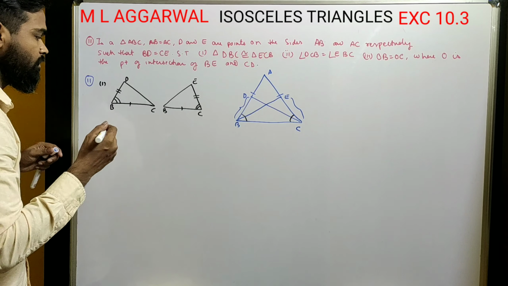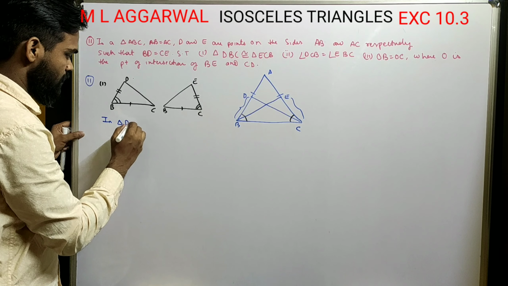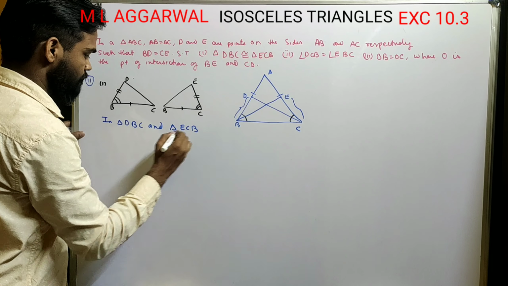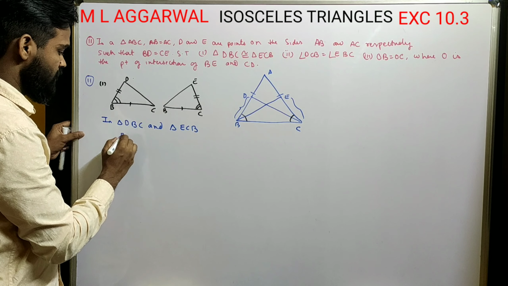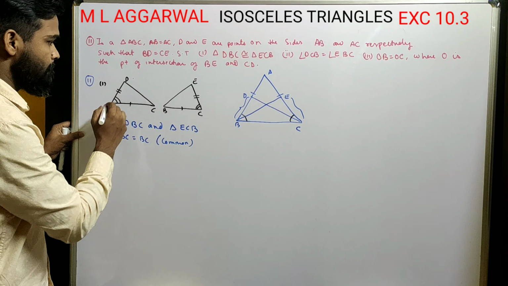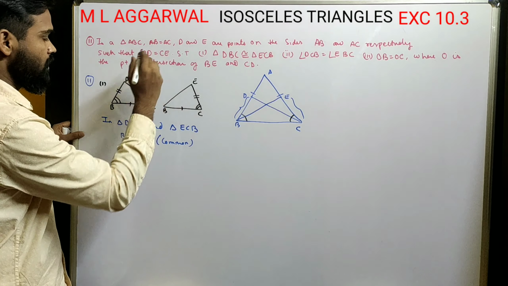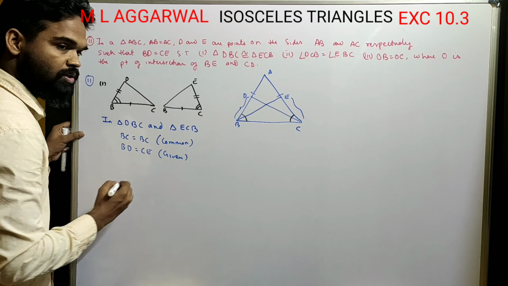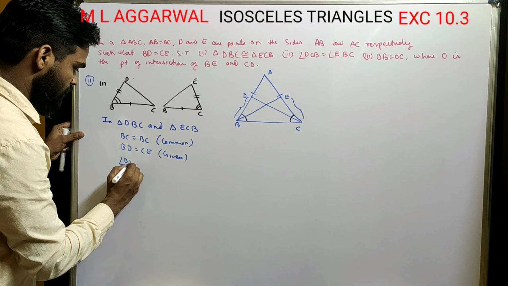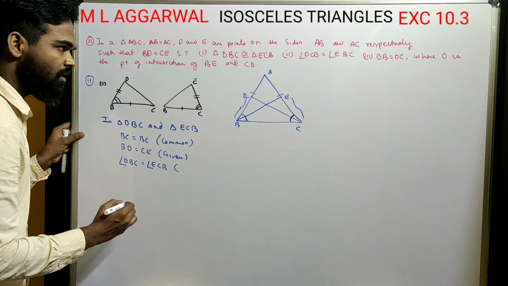Now I'll write this, look carefully. In triangle DBC and triangle ECB, BC equals BC, that's common, BD equals CE, that's given to us, and angle DBC is equal to angle ECB, and why are they equal?